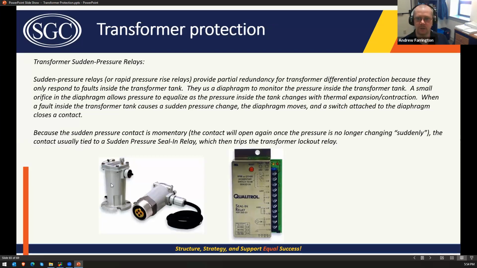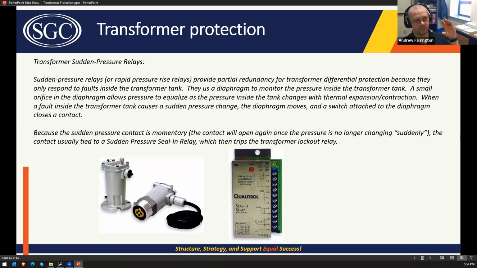It's got a little diaphragm in there that expands on that sudden pressure, and it expands so quickly that it closes a contact, and then you'll usually wire that contact into a seal-in relay. This is an example of a sudden pressure seal-in relay, because obviously the diaphragm expansion is what causes the contact to close.